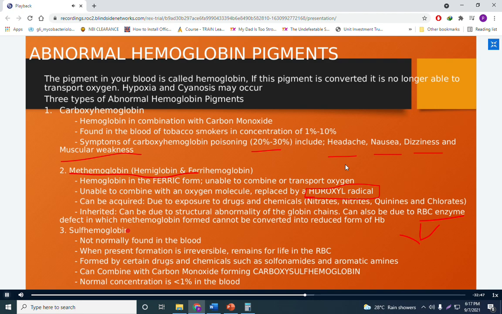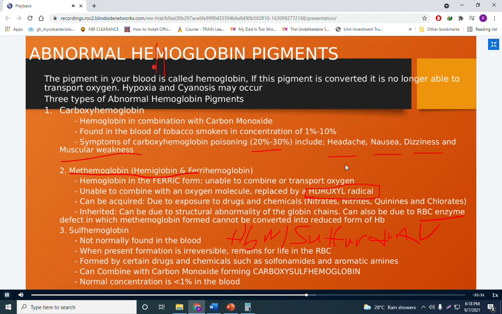Then another one is your sulfhemoglobin. This is hemoglobin combined with sulfur dioxide. When present, formation is irreversible.